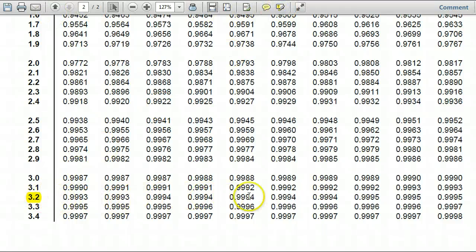Now I just need to go over to the column that represents the 5. So this is column 0, 1, 2, 3, 4, 5. Anyway, this is the number we want, 0.9994.